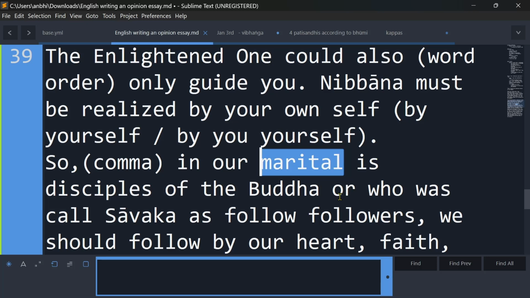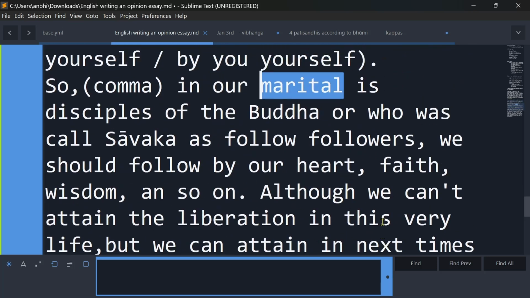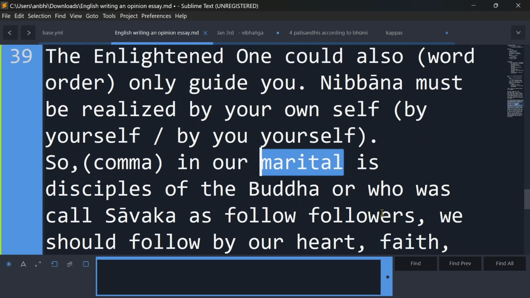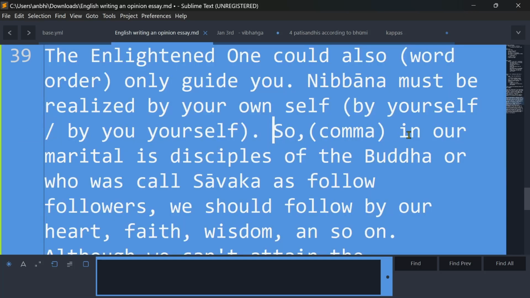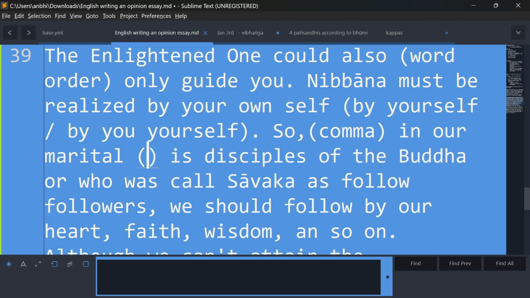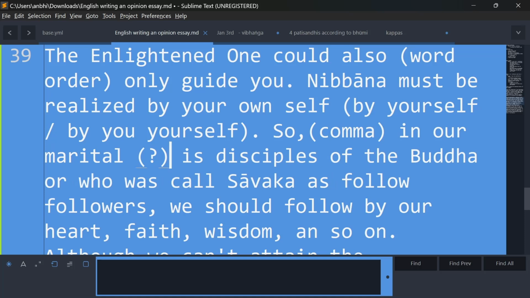Try to understand his idea also. In our marital is disciples of the Buddha, or who was called Savaka, as followers. We should have other kata. Yeah, this word, I think, marital.